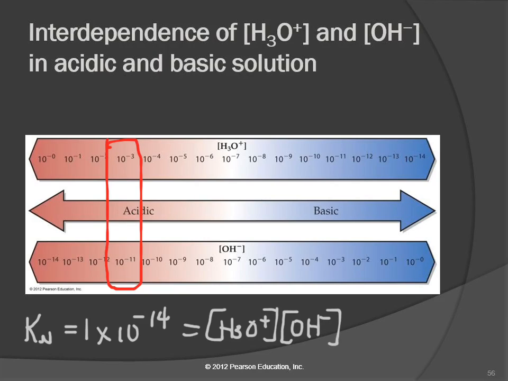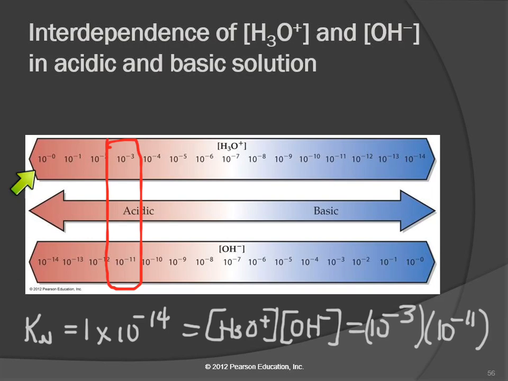In that box that I made there with the red, what's the hydronium ion concentration? 10 to the negative third. And what's the hydroxide ion concentration? 10 to the negative 11th. And when I multiply those two numbers, what do I get? 10 to the minus 14.